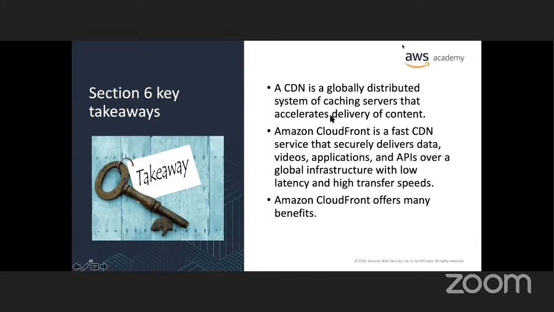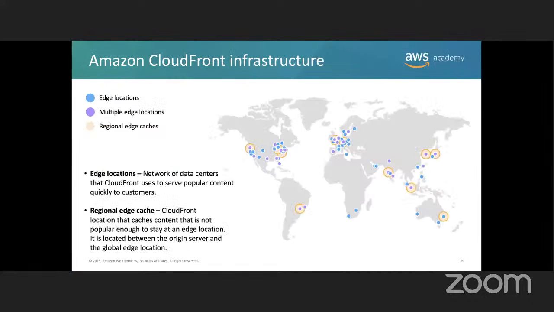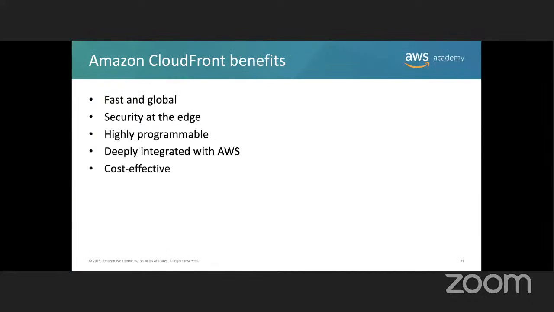CloudFront is a fast CDN service that securely delivers data, videos, applications, and APIs over a global infrastructure with low latency and high transfer speeds. Amazon CloudFront offers many benefits, and we saw the benefits earlier.